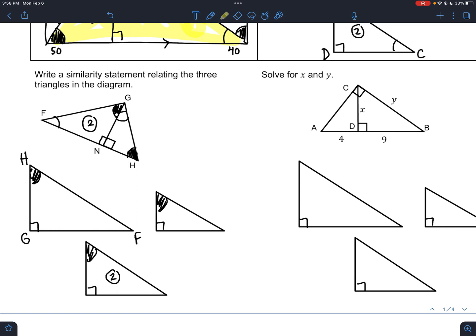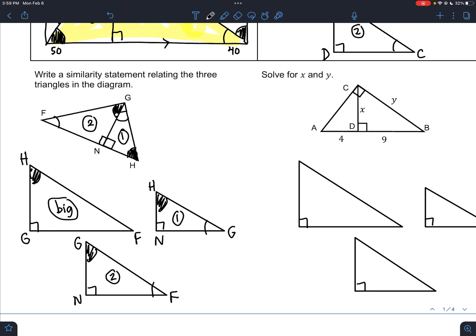This is number 2, right? So let's backtrack there. Okay, here's number 2. Its black angle is G, white angle's F, and this is N. And then if we go down to the smallest one here, this is the big one. The black angle's H, the white angle is G, and this is still N.